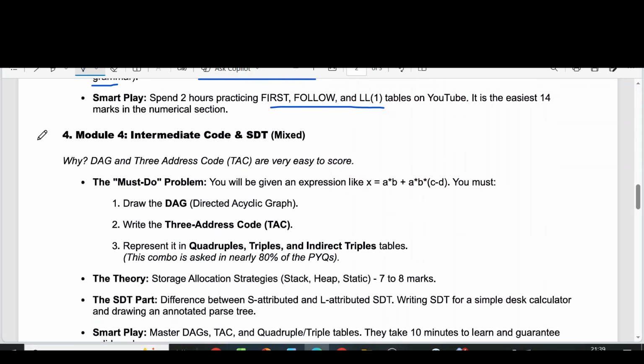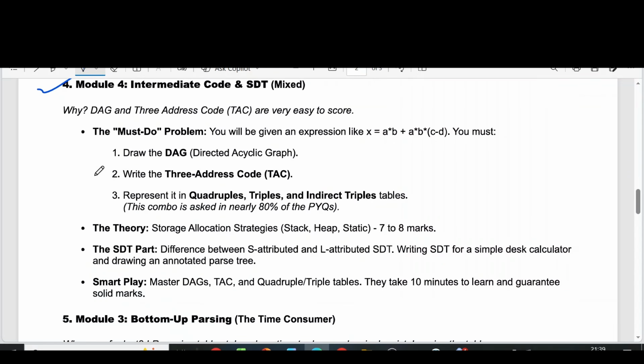Then coming to module 4, intermediate code and SDT. In this, the must-do problem is you will be given an expression like x = a * b + a * b * c - d. For this, you have to draw the directed acyclic graph, write the 3 address code, and represent it in quadruples, triples, and indirect triples tables.